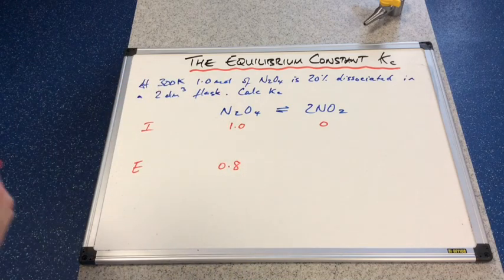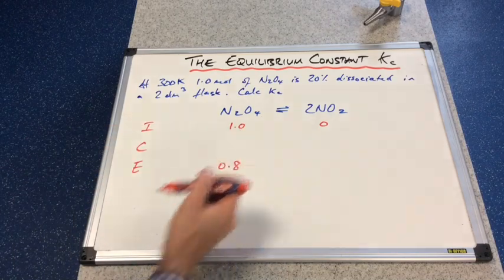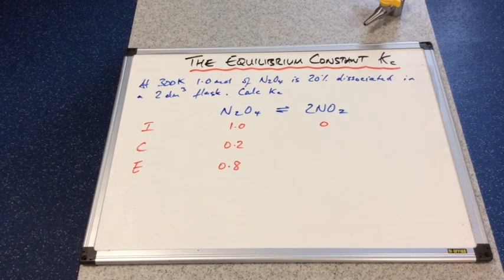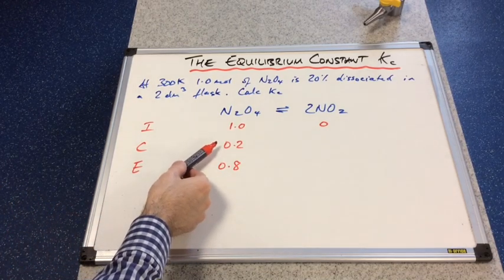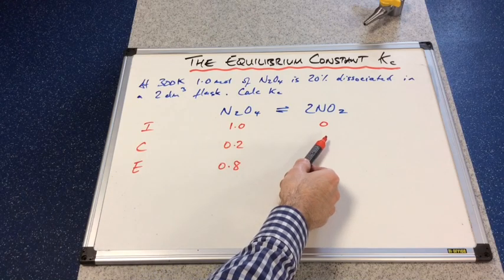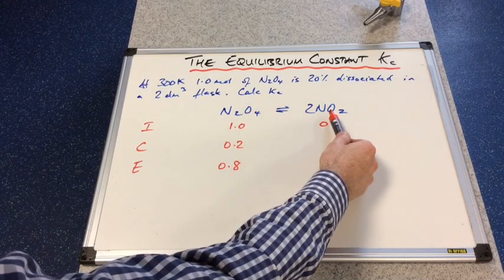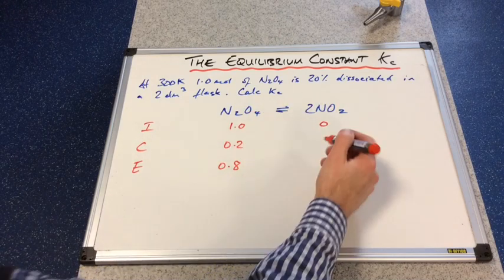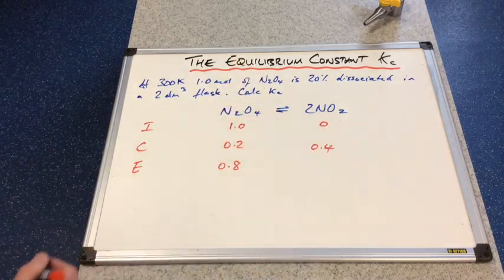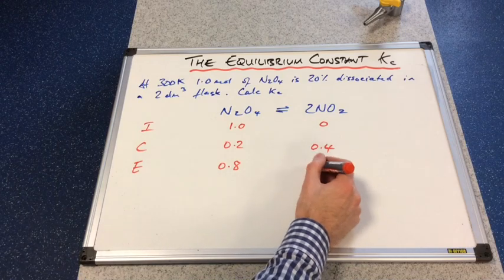So we can see now that the change is obviously a drop of 0.2 moles. So if the change of this is 0.2 moles, how many moles of NO2 would be produced? Where we look at the mole ratio, 1 mole of that makes 2 of those, and so 0.2 would make 0.4. Remember, this goes down, this goes up. And so if you start at 0, you've made 0.4, you've got 0.4.